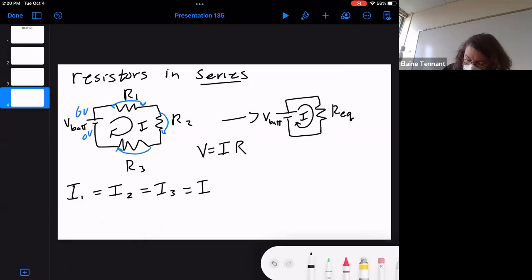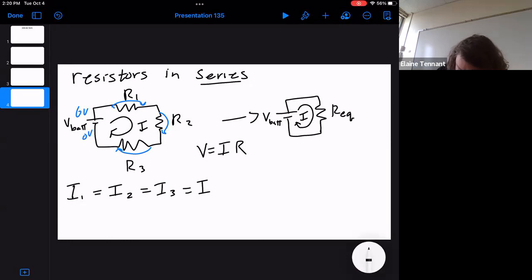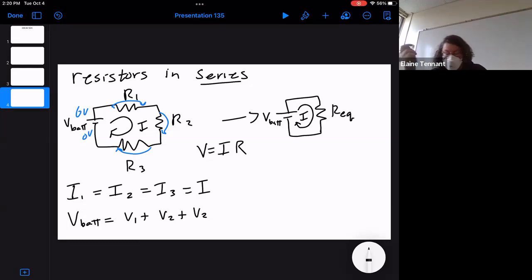It could be divided up however it wants to be divided up, but it needs to add up to 6. And of course, if we go to our equivalent resistor, the voltage across the equivalent resistor needs to be the same as well, because I only have the one resistor in that equivalent circuit. Is that okay?